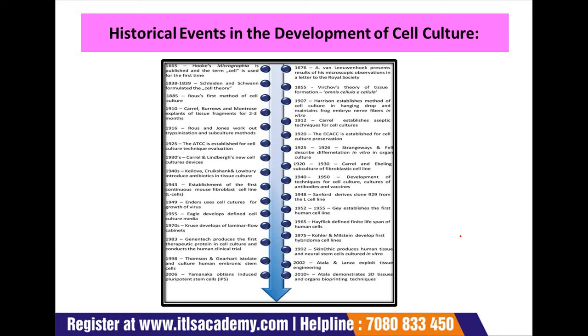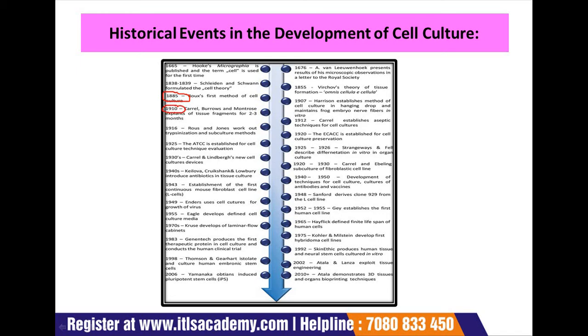However, the principle of tissue culture was first evident in 1885 when Roux established the method known as tissue culture. You can see here, in 1885 Roux defined the method of cell culture.